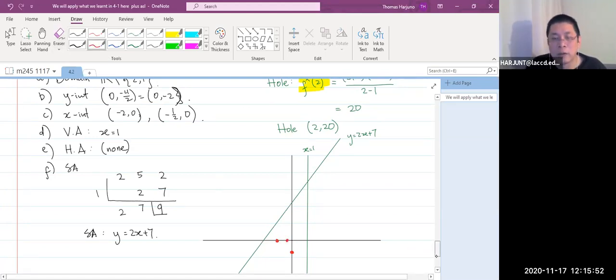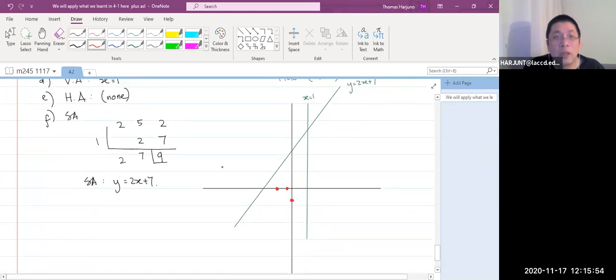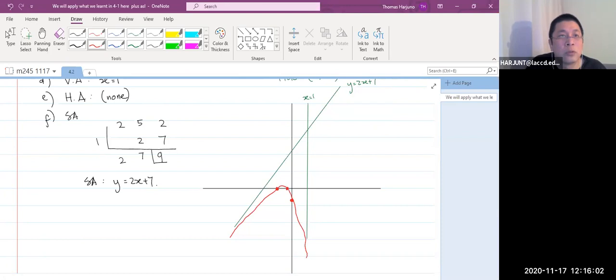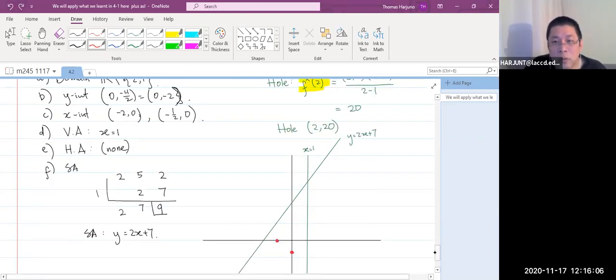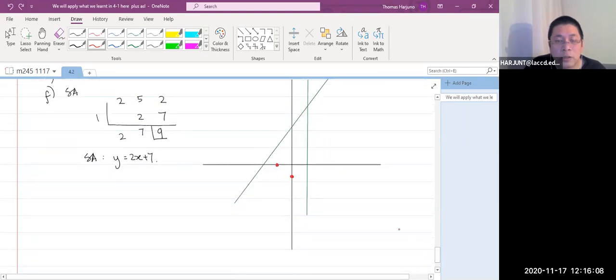Now it's better. Okay, so the graph later on will be from the slant asymptote going this way, going this way, going down here. -2, -1/2.